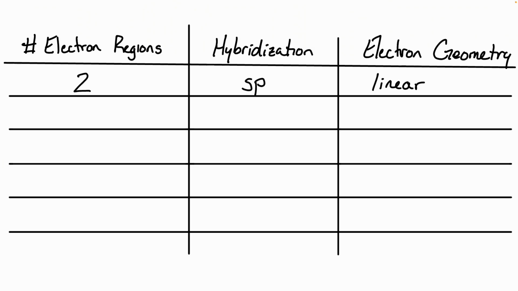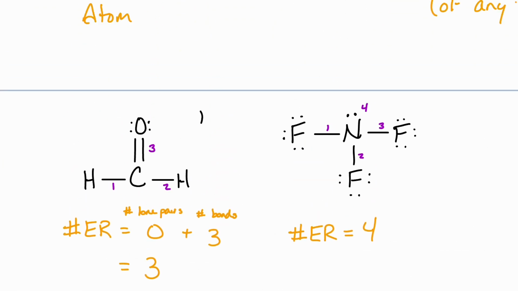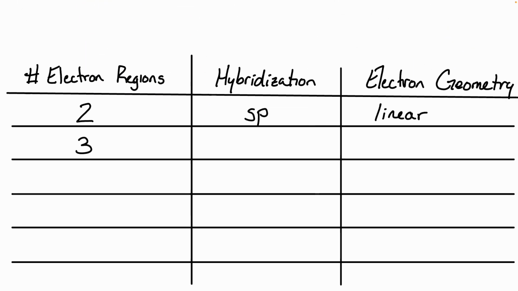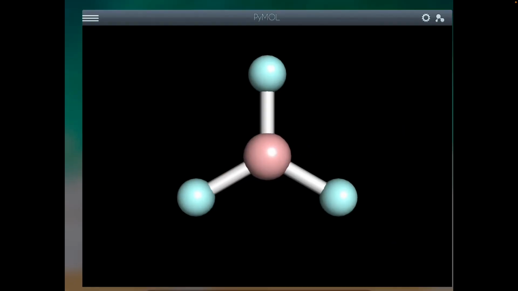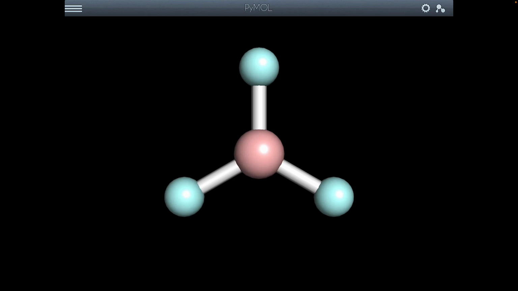If we have 3 electron regions, as was the case for our formaldehyde, this is classified as an sp2 hybridization, and this geometry is what's called trigonal planar. So let's take a look at the shape of these types of molecules. This would be an example of a trigonal planar molecule.